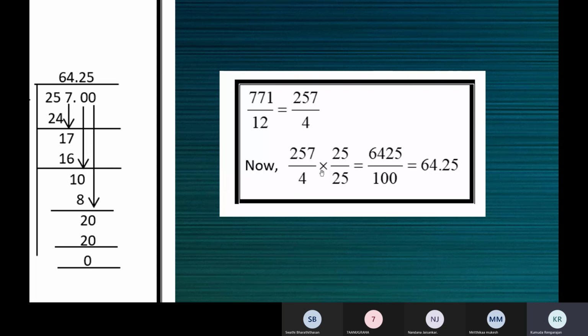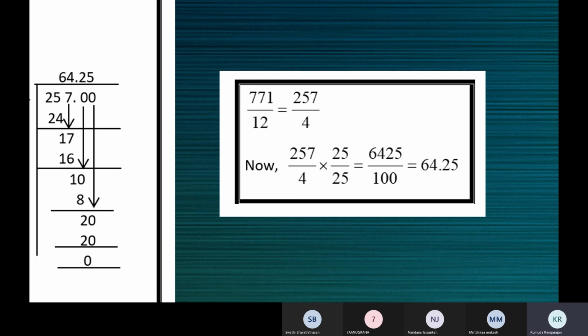So you're multiplying this fraction by 1, and you're not changing its value. It's like 10 by 10 is 1, 15 by 15 is 1, 25 by 25 is 1. When you multiply something by 1, it's the same thing.